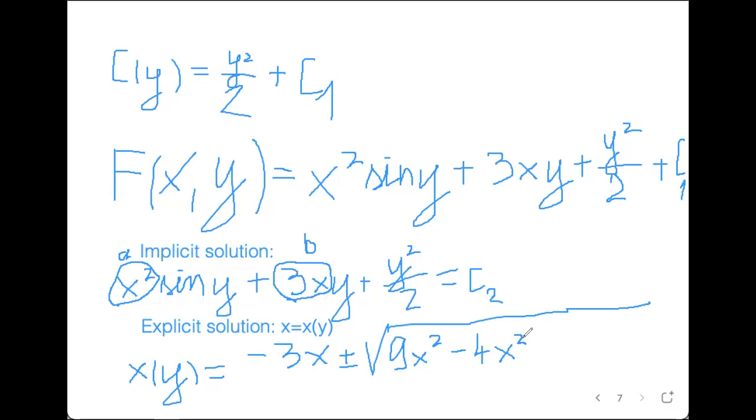In the standard formula for solving the quadratic equation, all the terms are on the same side, and you set it equal to 0. So if you put all the terms on the same side, then what would c be? It would be y squared over 2 minus c2.